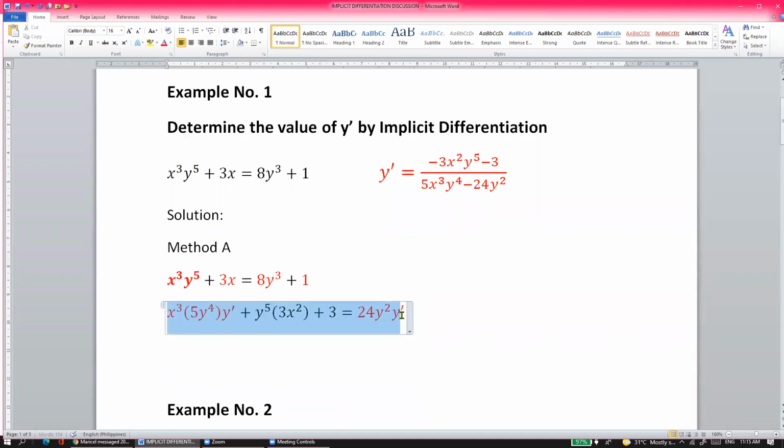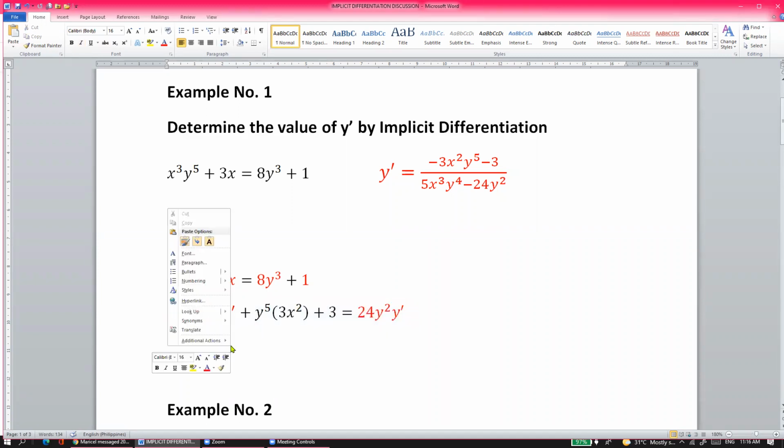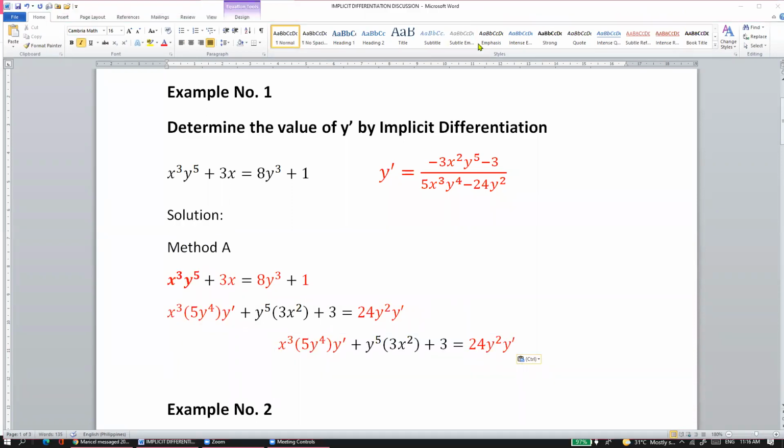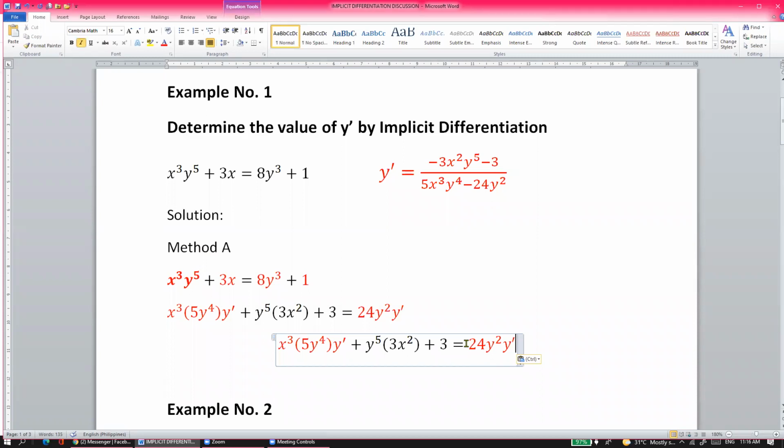So, having this again, copy and then paste. Ito, ililipat ko sa left. So cut ko siya. Transpose ko sa left. Ilipat ko siya dito.